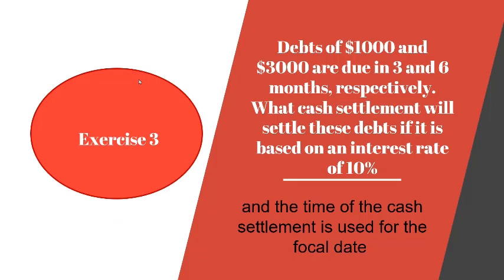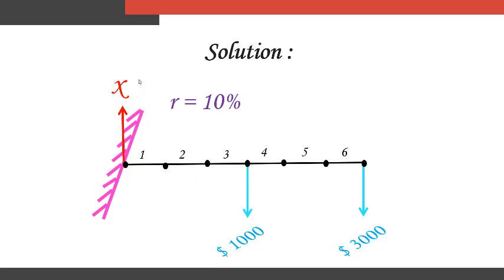Look at these 1,000 and 3,000 after 3 and 6 months respectively, the old obligations. You need to replace these old obligations with 1 new obligation with a cash payment due now, and the focal date is now.